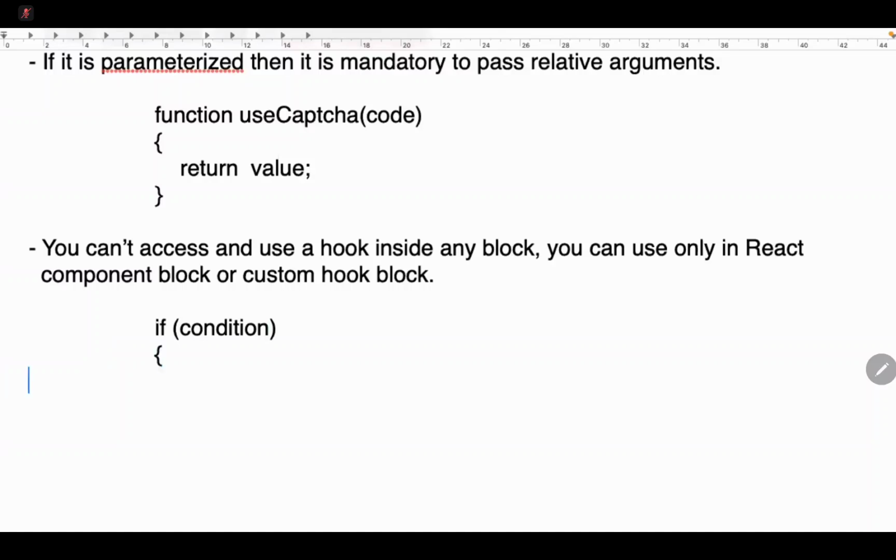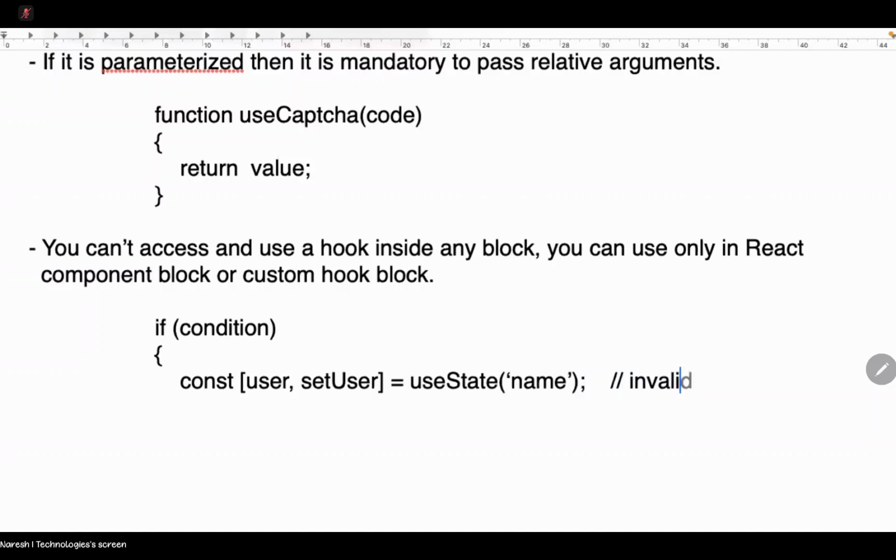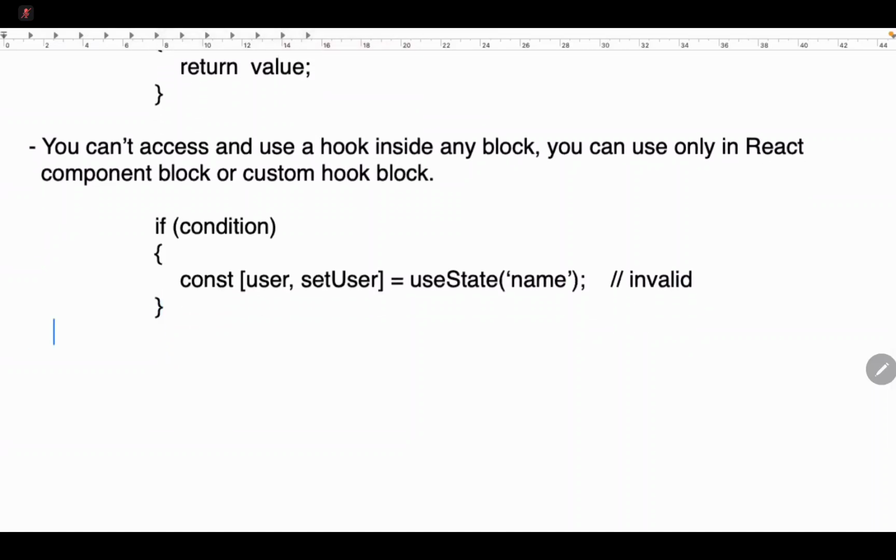If the condition is matching, we have a constant user, setUser is equal to useState, some name you defined. This is invalid. You cannot access any hook inside any block: if conditions, while loops, for loops, maps, anywhere.